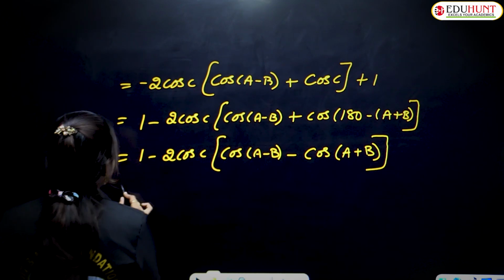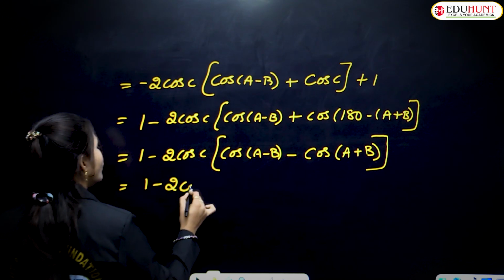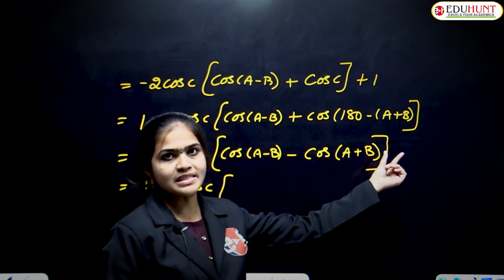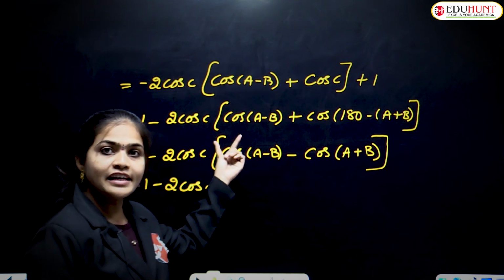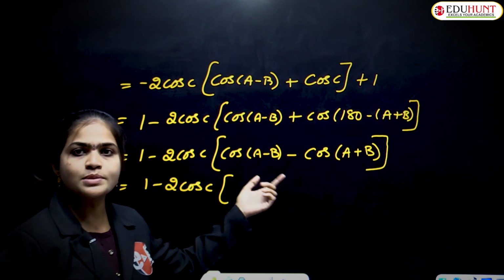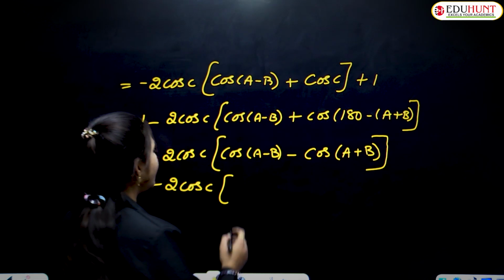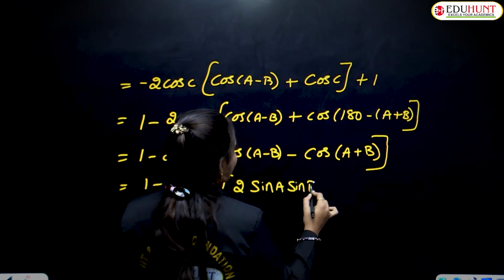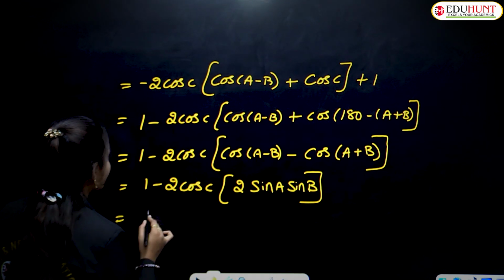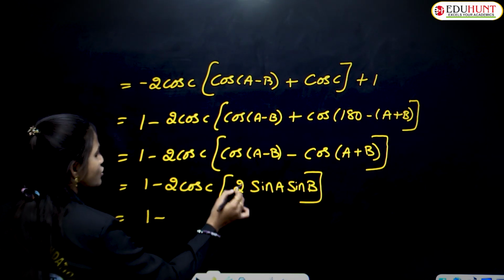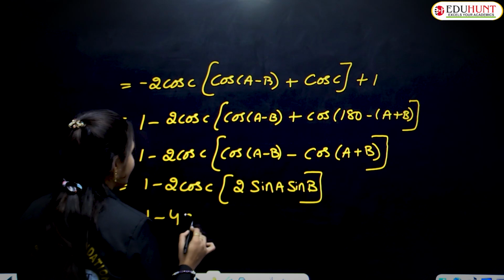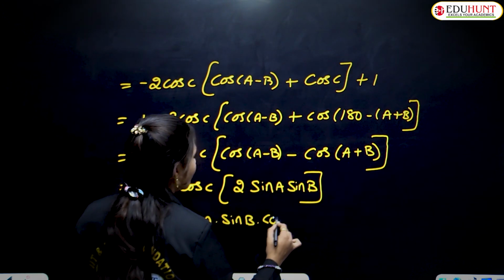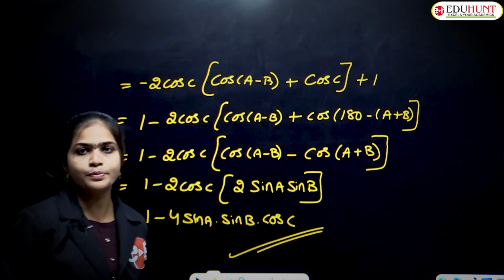So 1 minus 2 cos c into cos of (a minus b) minus cos of (a plus b). So here subtraction, and first a minus b is there, so that is positive or negative? Yes, positive only. So the formula is 2 sin a sin b. So from this, 1 minus 2 into 2 is 4, and here sin a sin b into cos c. So hence it is proved.